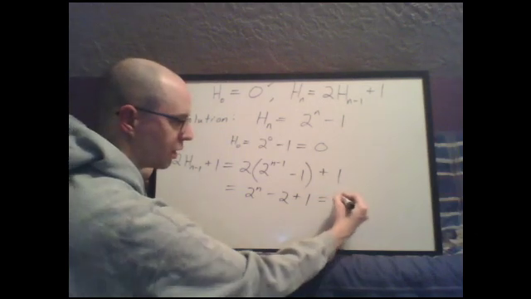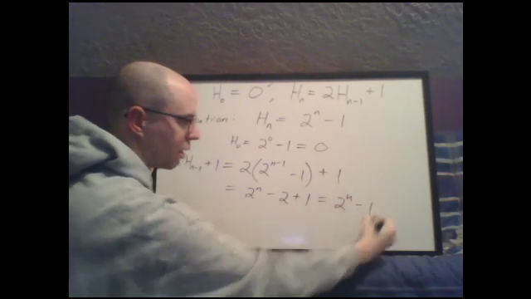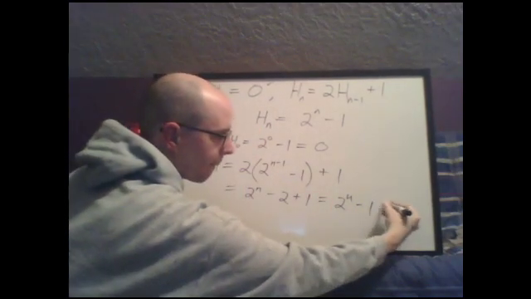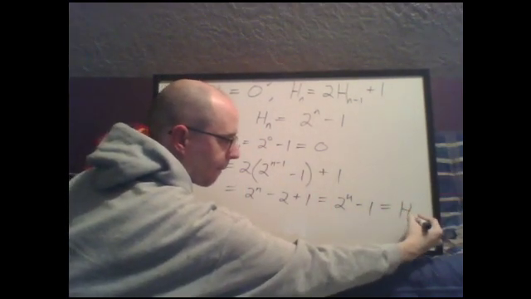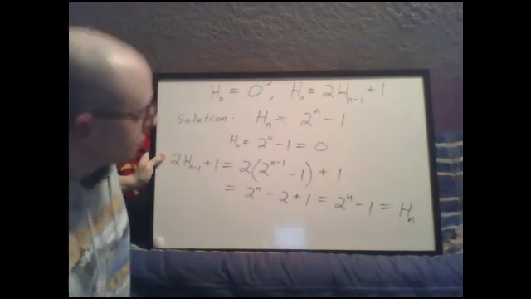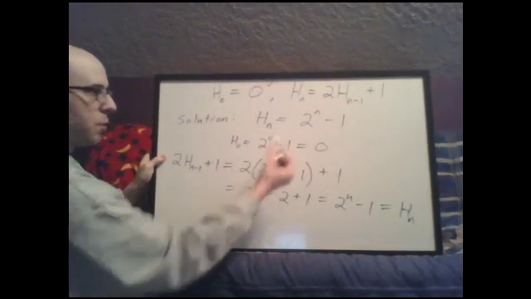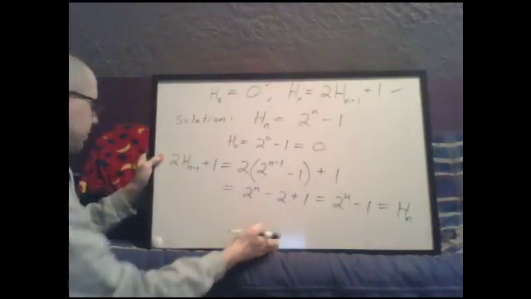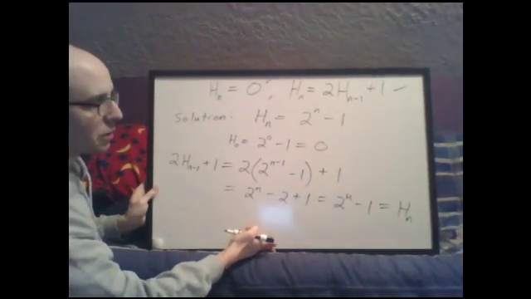That gives me 2 to the n minus 1. And that's exactly my formula for Hn. So, using this formula for Hn, we've satisfied the recurrence.